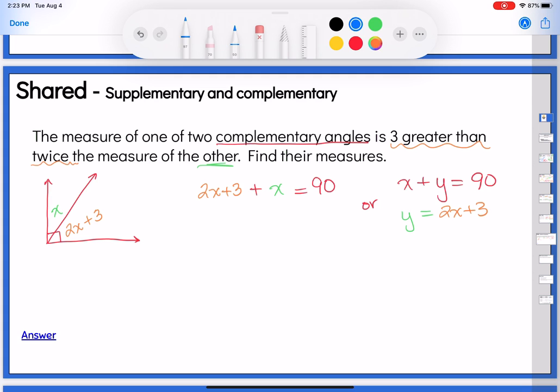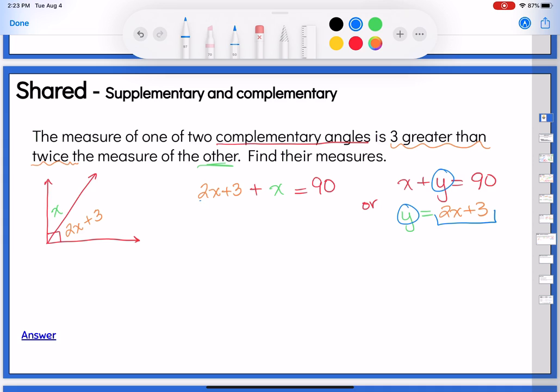And then you could use substitution. Substitute this 2x plus 3 in for y here, and guess what? We're right back at the same equation. So using the picture and one single variable, or using a system and substituting, you end up in the same place. So however you wanted to do it was perfectly fine.